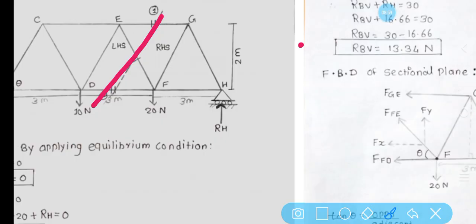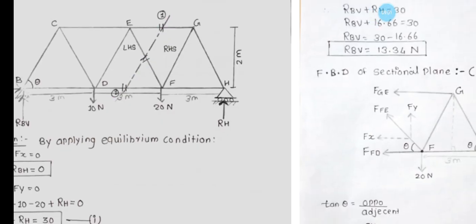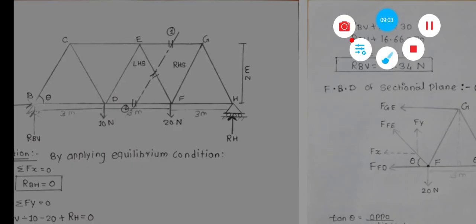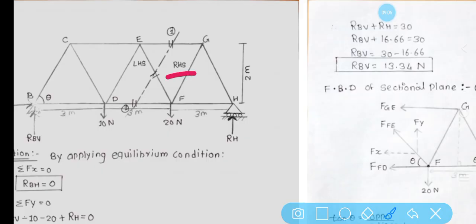So we can see here at the right hand side and the left hand side of the section plane, the right hand side has fewer members, so we can choose the right hand side for the FBD.